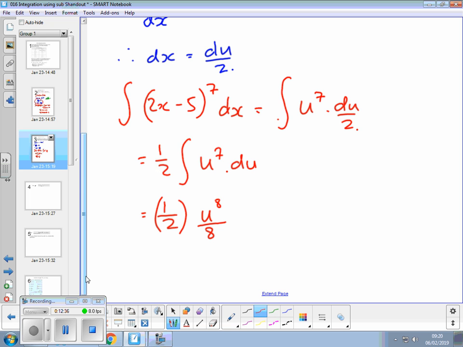What's missing? Plus c. When you've integrated, du disappears. Yeah. So when you go from the integral, well, you're taking the integral of that. When you integrate it, that symbol and the du just goes, because you've done your integration.